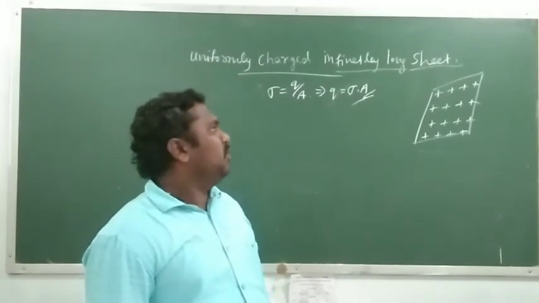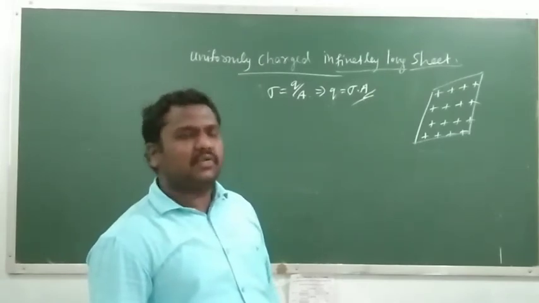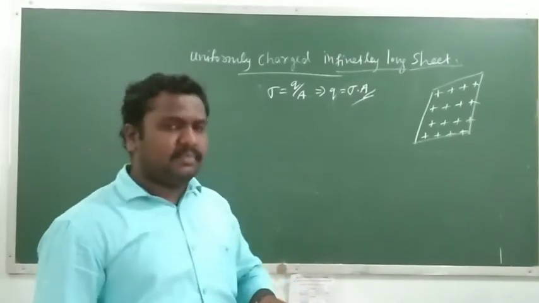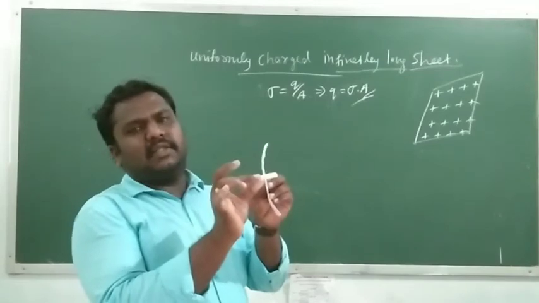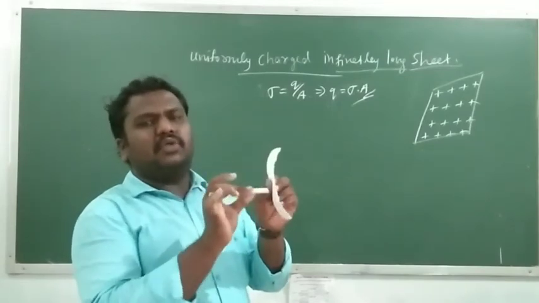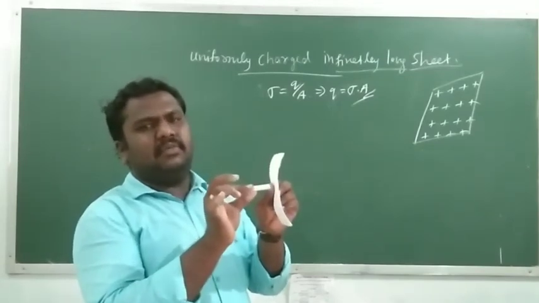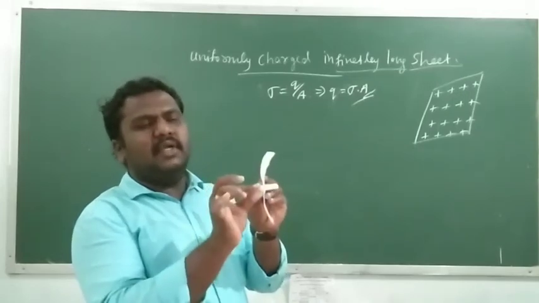Here also we are selecting a cylindrical Gaussian surface. If this is a sheet, the cylindrical Gaussian surface will be selected like this, enclosing some portion of the sheet.